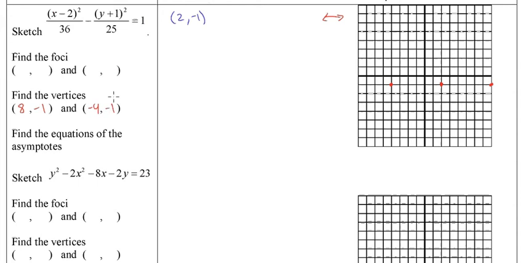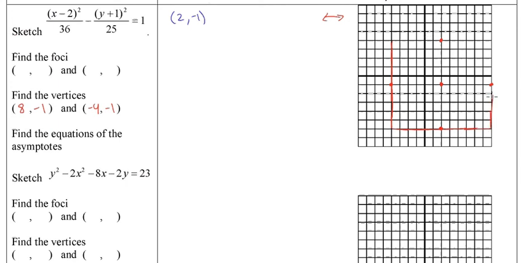There's our vertices. Now, from the center, these would-be vertices are going to be up and down 5. 1, 2, 3, 4, 5, and down 1, 2, 3, 4, 5. Let me go ahead and sketch our box in. I've said this a few times throughout the videos, but just want to remind you once again, this is not our hyperbola.